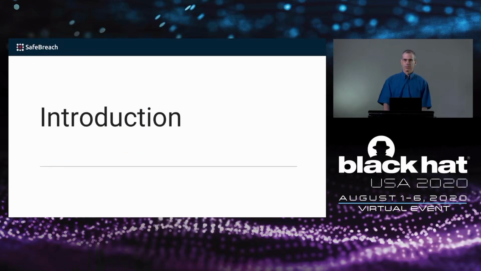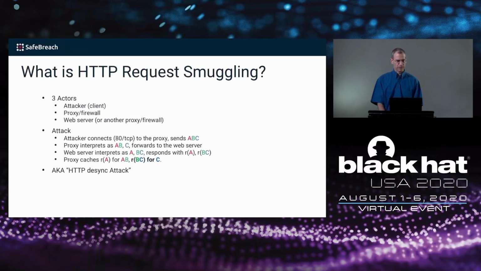Today we're going to talk about HTTP request smuggling, which is an attack that involves three actors. One is the attacker, who is practically a client. The other is a proxy or a firewall. And the third actor is a web server, or a chain of proxies and firewalls leading finally to a web server.